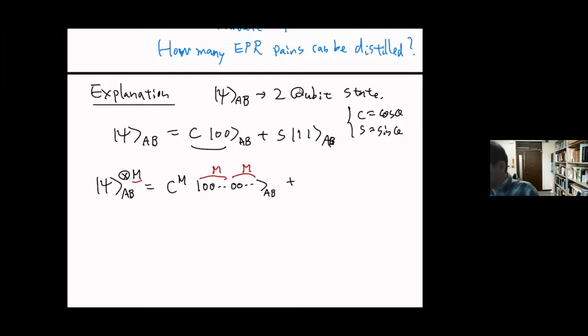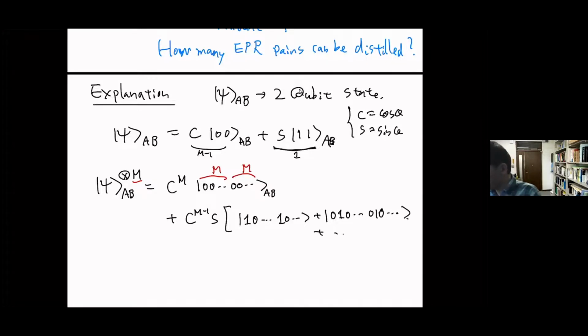And so we take N copies, and let's assume only one of these comes, and the M minus 1 here, and the 1 is here. Then C to the M minus 1, S. In that case, there are several possibilities. Maybe the first one is 1, the other is 0, and also maybe the first one is 0 but the next one is 1, and many others.